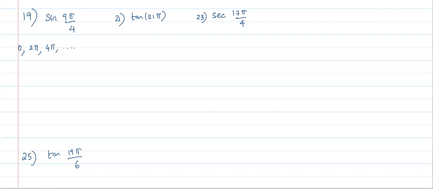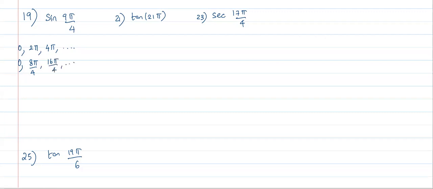Now this angle is given with a denominator of 4, right? So let me convert everything to a denominator of 4. What is 2? 2 is nothing but 8 over 4. It's the same as 2. 4 can be written as 16 over 4, and so on.